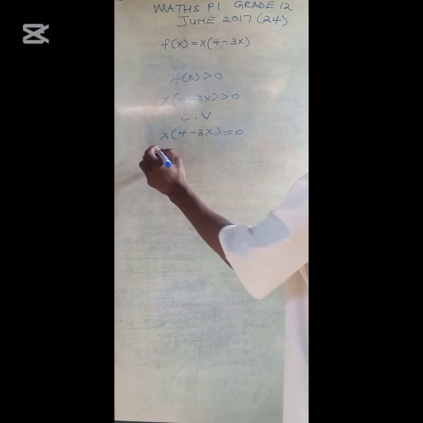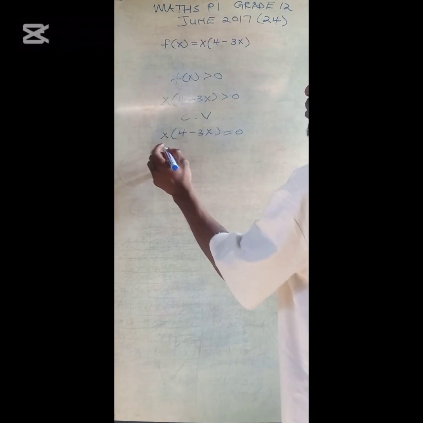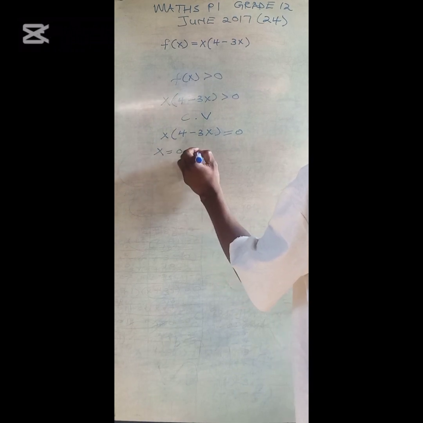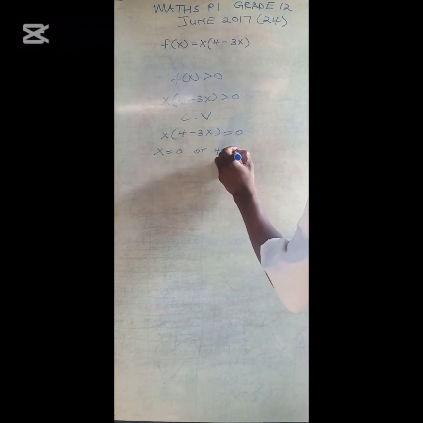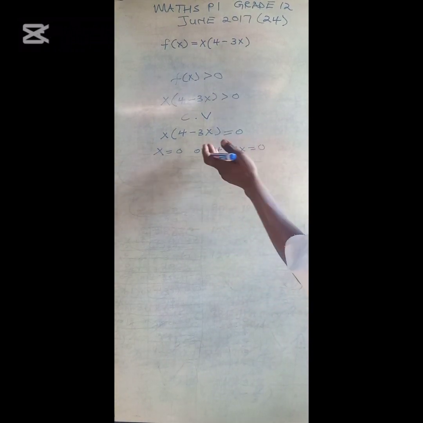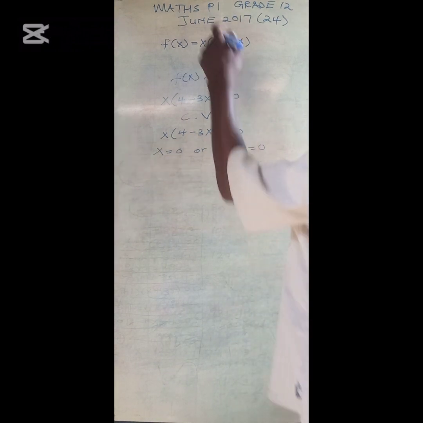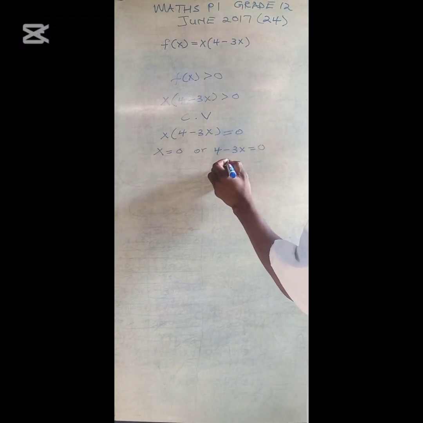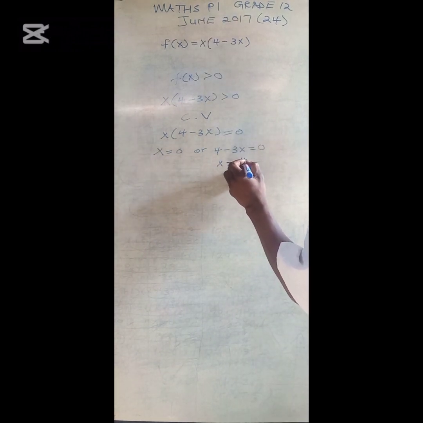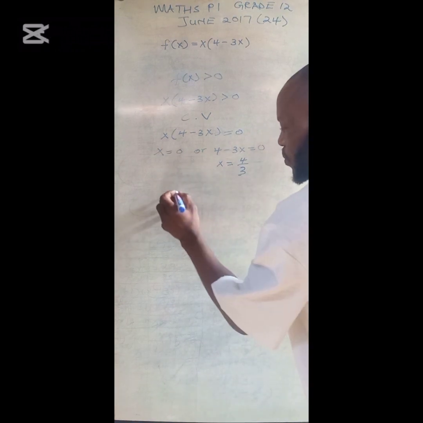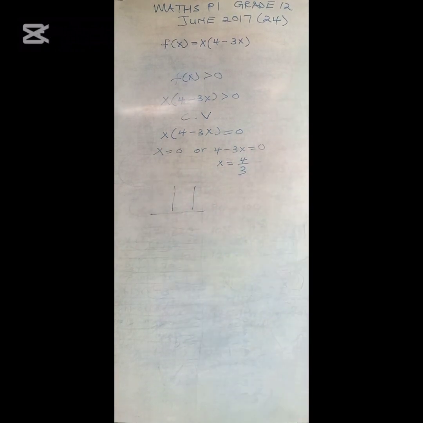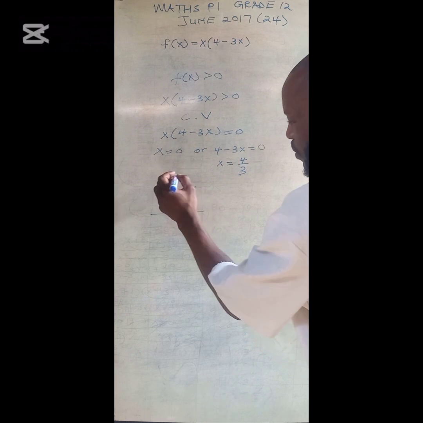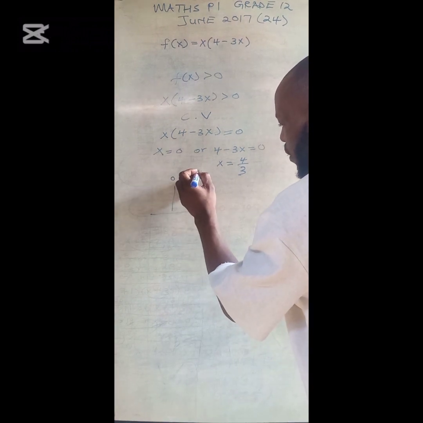We have this zero principle, two factors equal to 0: x is equal to 0, or 4 minus 3x equals 0. Remember on the first question, x is equal to 4 over 3, right? So we have these two values. Remember, this is not the solution, this is just part of the solution, right? We put them in order from the smallest to the biggest. This is 1 point something, right?